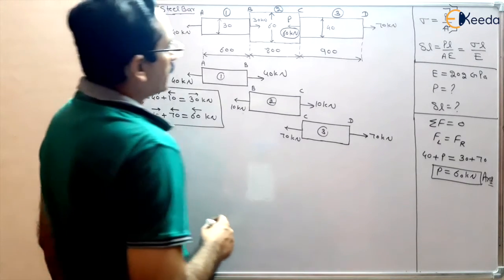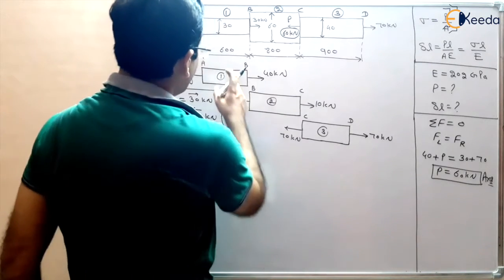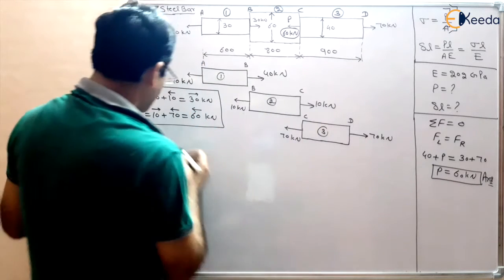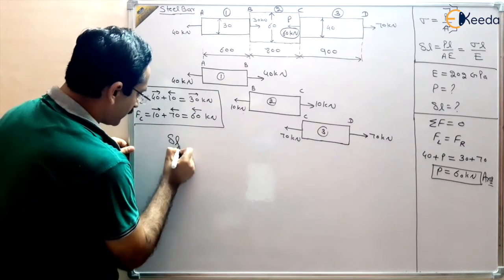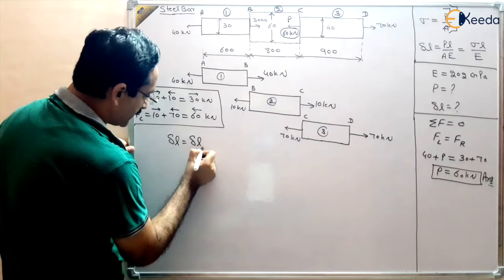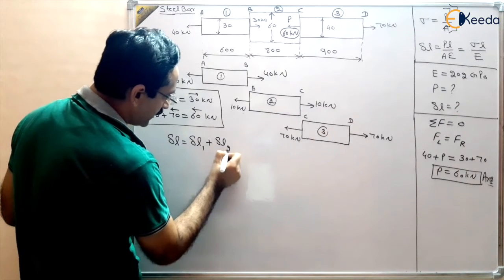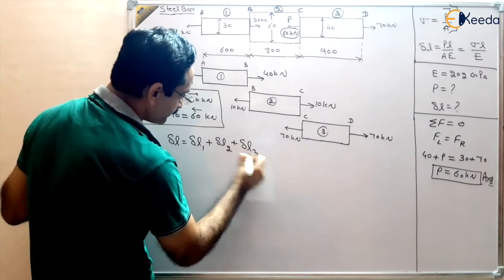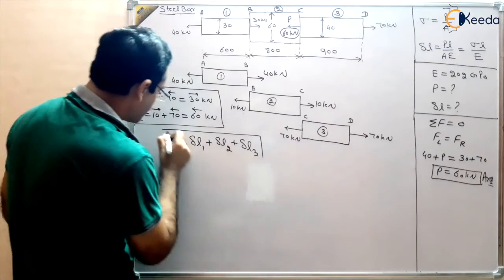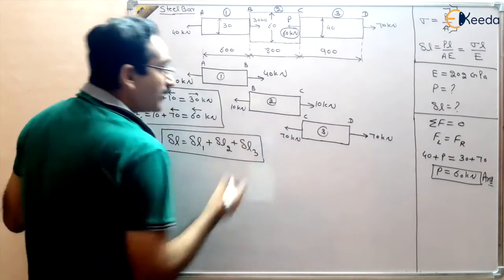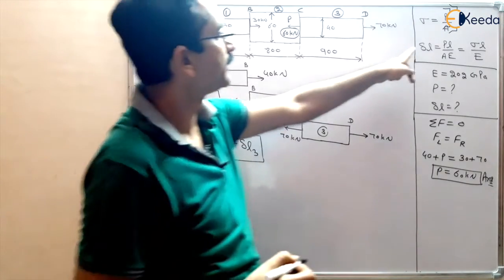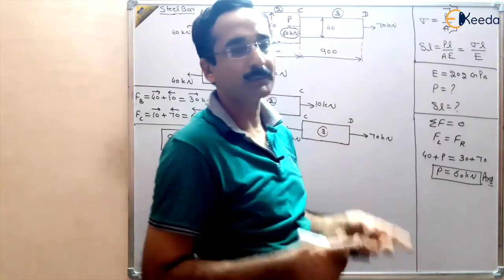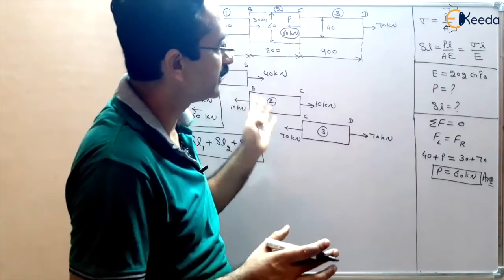Now we have to find out the total elongation in the bar, elongation in 1 plus 2 plus 3. So total elongation will be delta L1, delta L in 2, delta L in 3. So this is our principle of superposition, and we can utilize this formula PL upon AE, which is our basic formula we have derived in a theory lecture.